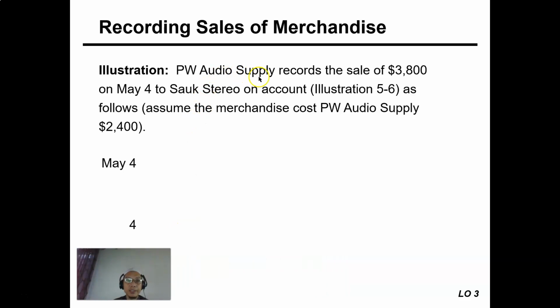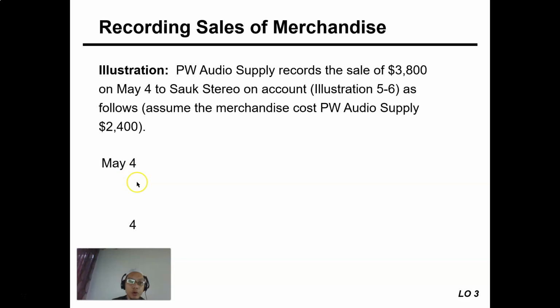PW Audio Supplies is the seller. PW Audio Supplies sold 3,800 worth of items to Suk Stereo on May 4 on account, and that amount of sale has a cost of 2,400 in the eyes of PW Audio Supplies.